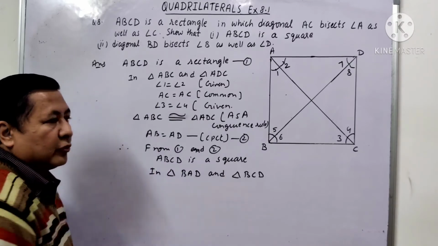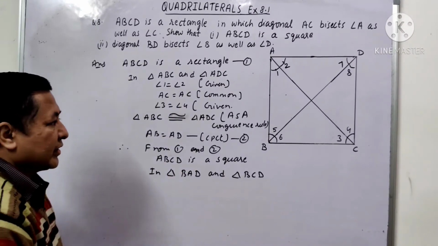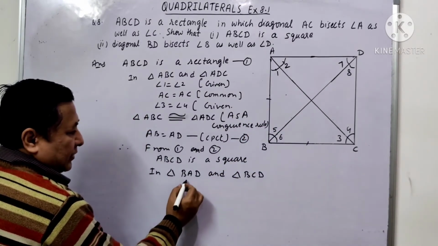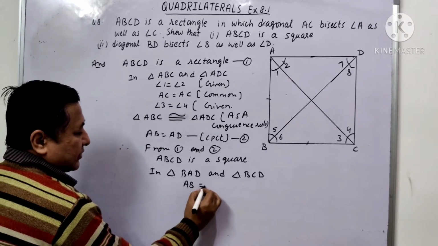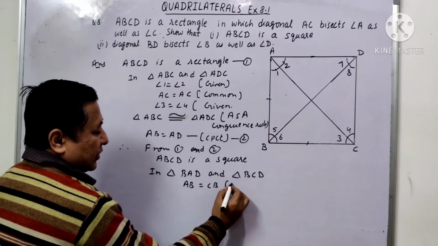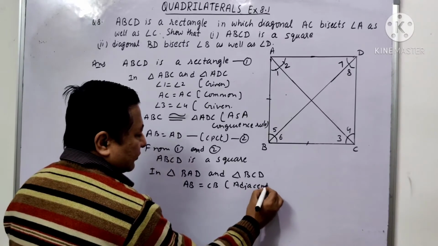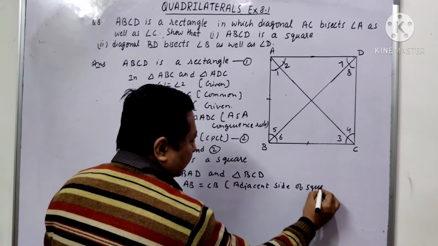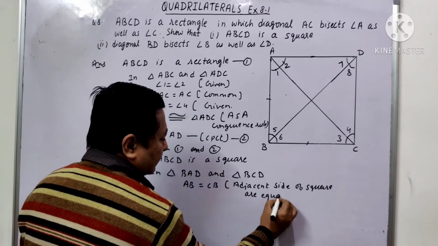Now for proving them congruent, since we have already proved that it is a square, side AB and CB both will be equal. We can write because adjacent sides of a square are equal.